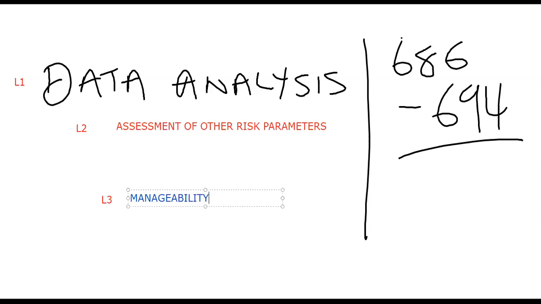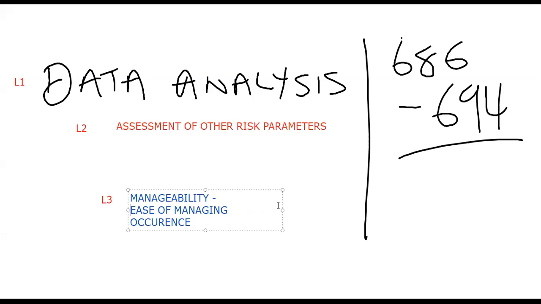You've got to get the definition down pat, my friends, because they are very similar. Manageability, for example, is about the ease at which the risk owner can manage the occurrence.